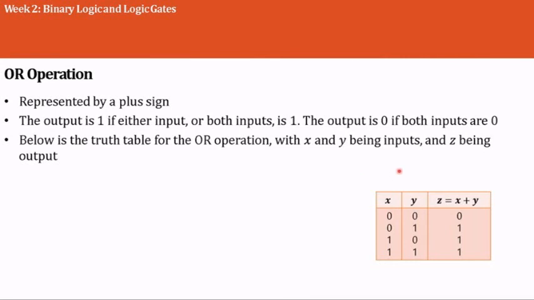So as long as we have an input of 1, our output will be equal to 1. Below is the truth table for the OR operation with X and Y being inputs and Z being output.